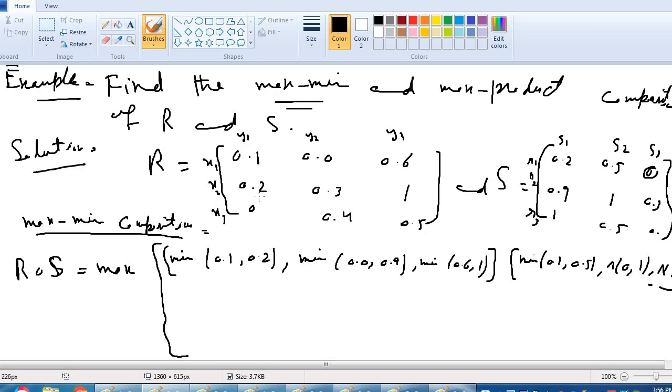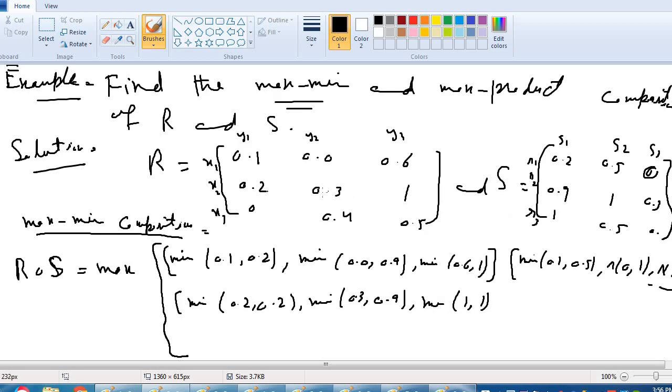Here again, now we take the second row as it is. We will multiply the matrices. We will take its second row and take the min of 0.2 and 0.2, then min of 0.3 and 0.9, then min of 1 and 1, and so on.